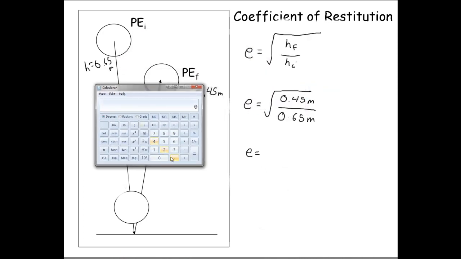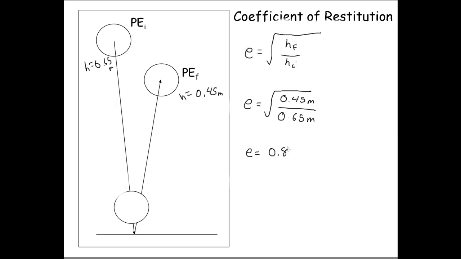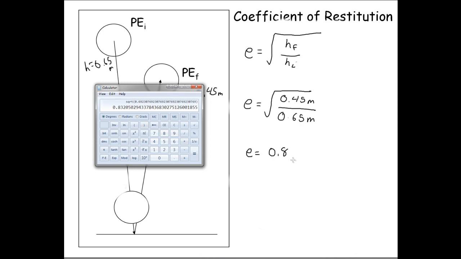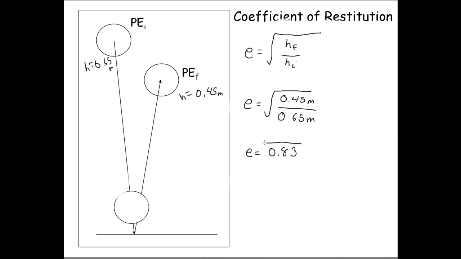It's 0.45 divided by 0.65. Hit the equal sign and then square root that, and I get e, or my coefficient of restitution, equals 0.83. And that's my answer. Simple.